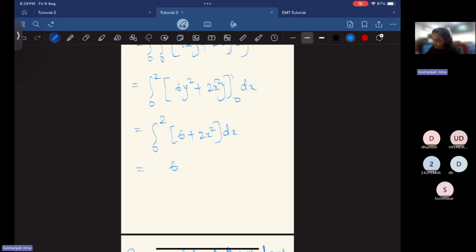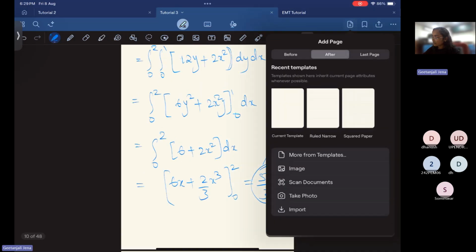Eventually this will give 6x plus 2 by 3 x cube, with limit from 0 to 2, which will give 52 by 3. So this is for the first volume, which is a cube.